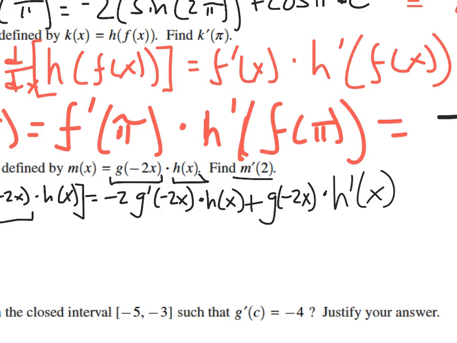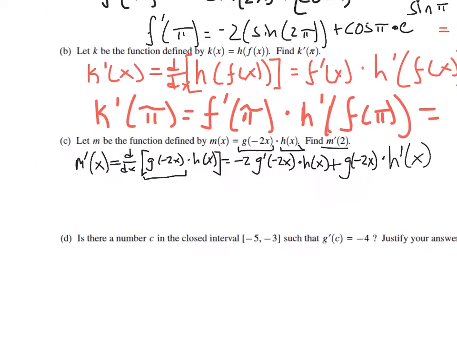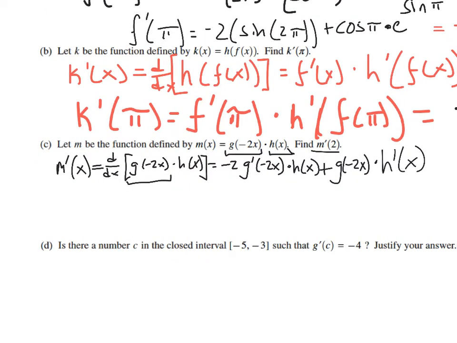G is a table, we'll get the derivative there from the table. So, all right, we have this bit right here. And now we're going to plug in 2. So we've found the derivative in the best form we can for the moment, all right?